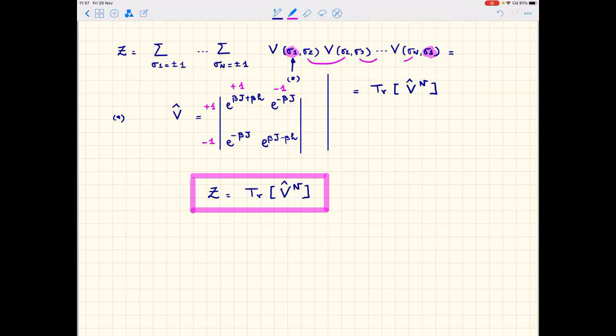Yes. When you said just sigma 1 and sigma 1 remains, I didn't get the point.